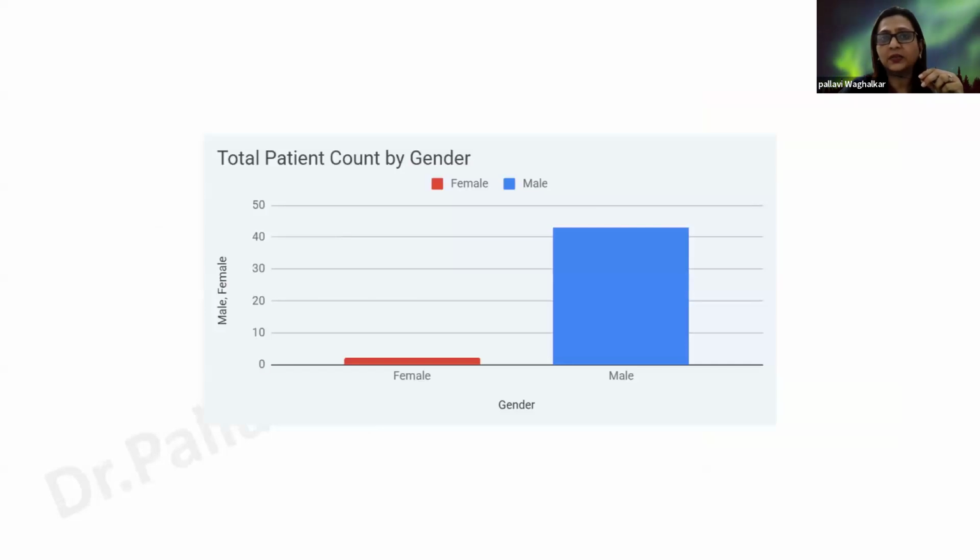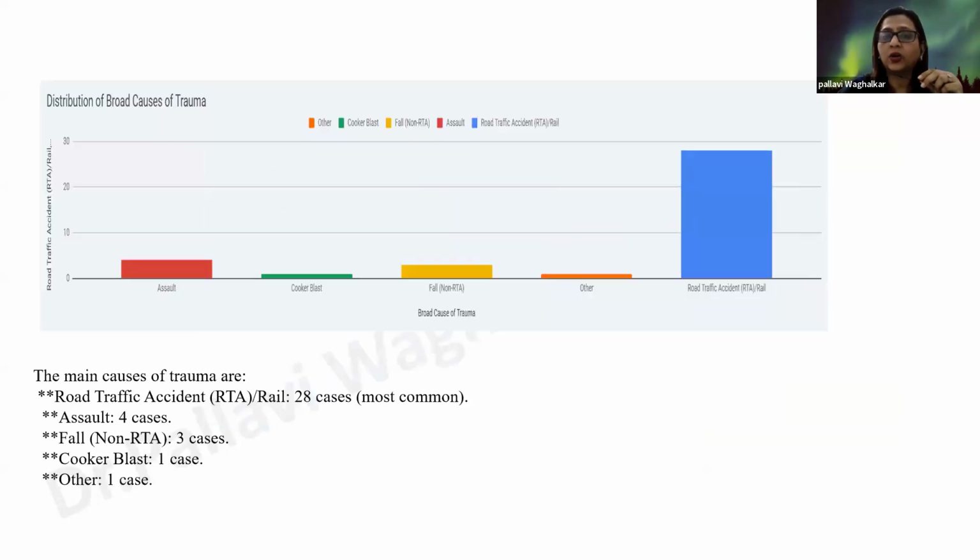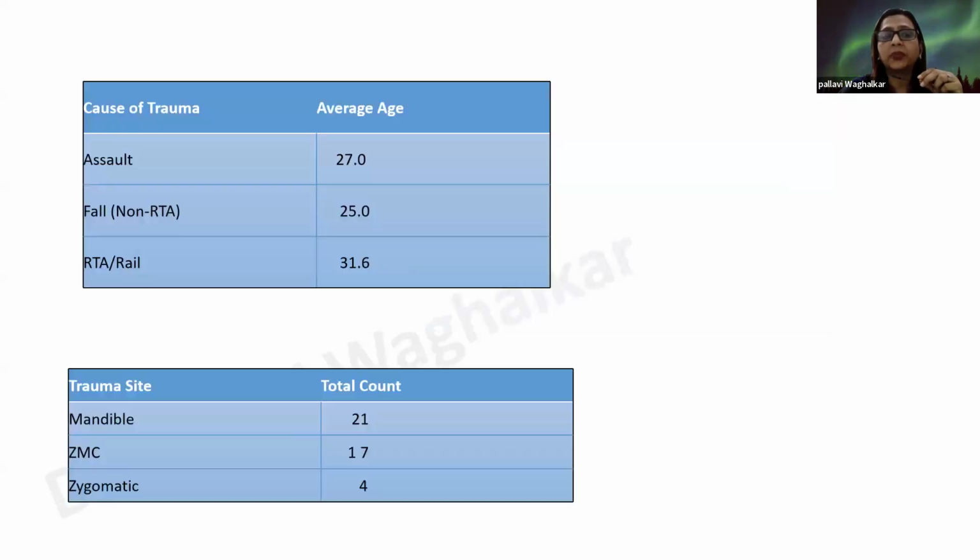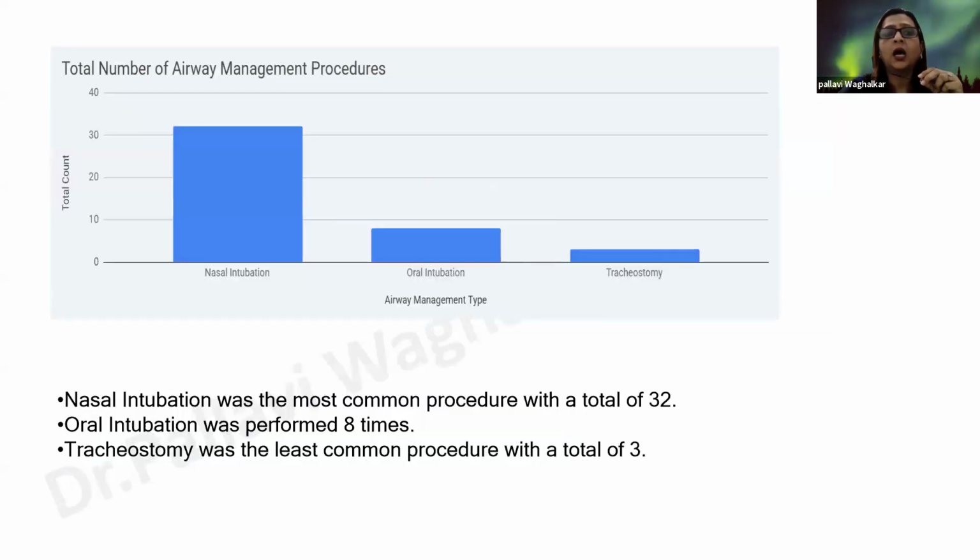We can see that male patients were more common last year, and the main cause of maxillofacial trauma is road traffic accidents, about 28 cases, with non-RTA falls, and assaults in 4 cases. On the trauma side, mandible fractures were in 21 cases, and zygomatic fractures in 4 cases.